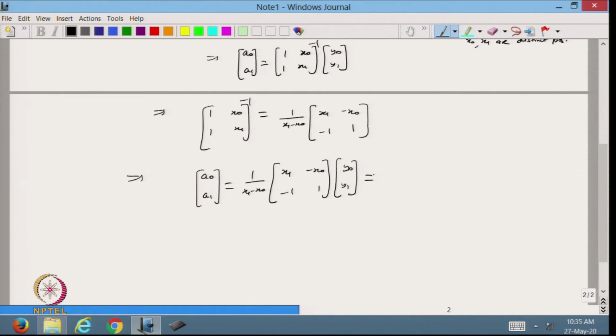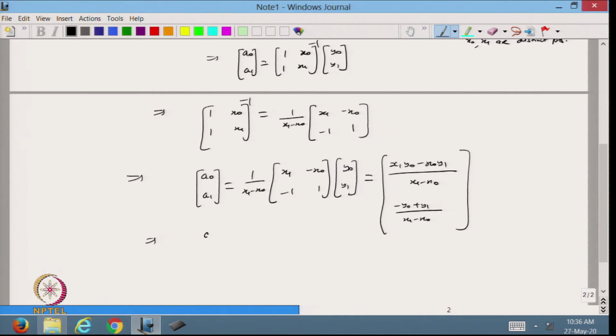From here, the first row becomes x1 y0 minus x0 y1 divided by x1 minus x0. In the second row I get minus y0 plus y1 divided by x1 minus x0.